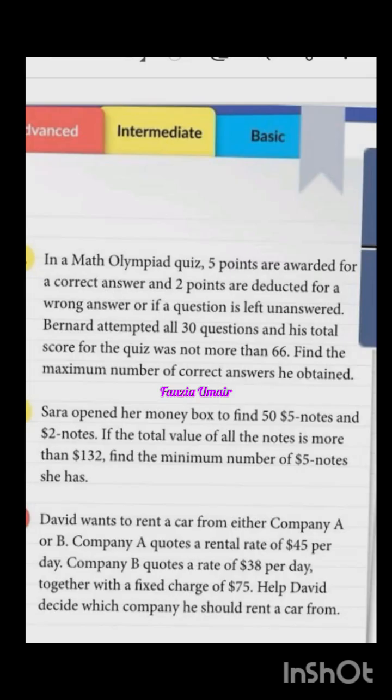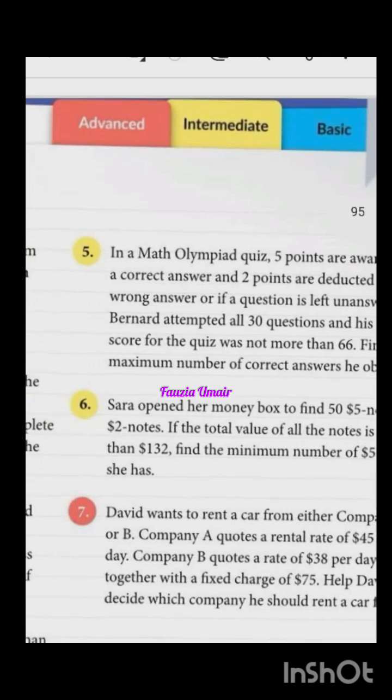Do you want me to send these questions or you can open the books and do them from the book? I can open the book. Okay, all right. Then there would be some solved examples also, they will give you more exposure.